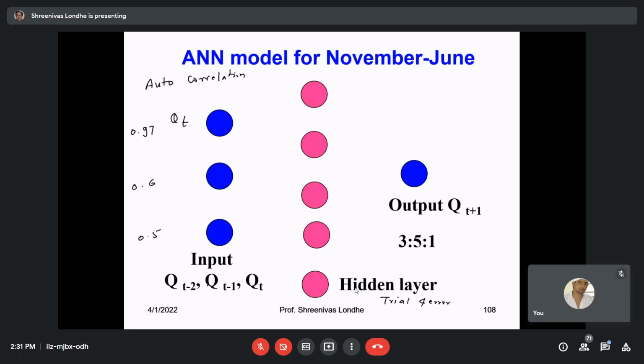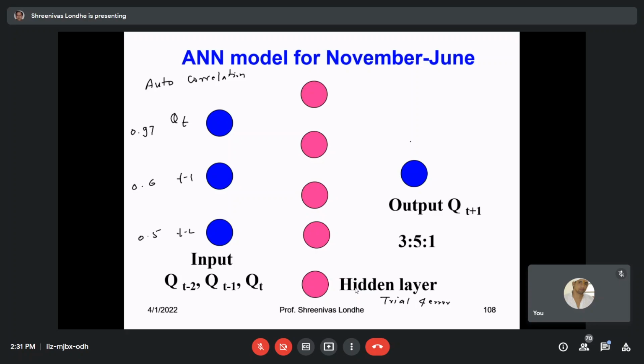We came to the conclusion that if the correlation is less than 0.5 or 0.45, we will not take that as an input. So we stopped at t minus 2. So this is t minus 1 and this is t minus 2. Because if I go for t minus 3, let me explain once again.